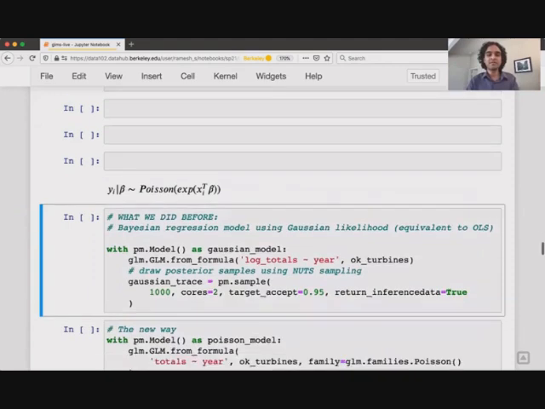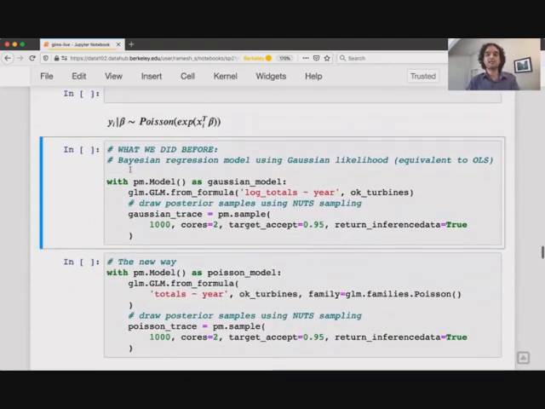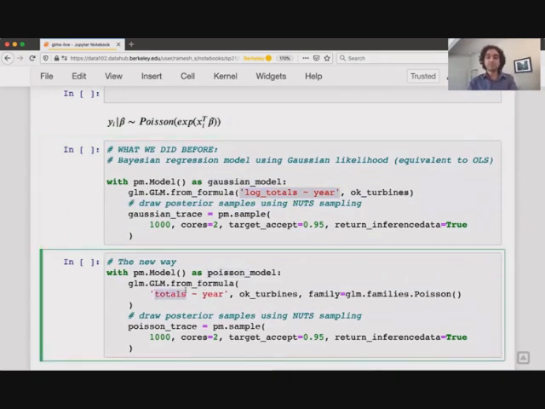So let's compare what we did before with what we're going to do now. Before we had this pm.model, I called it Gaussian model. Now I'm calling it Poisson model. Before the formula was log totals is a function of year. Here I'm just doing totals, and the key is I'm adding in this extra argument, family, and I'm telling it, hey, use the Poisson family for the likelihood.